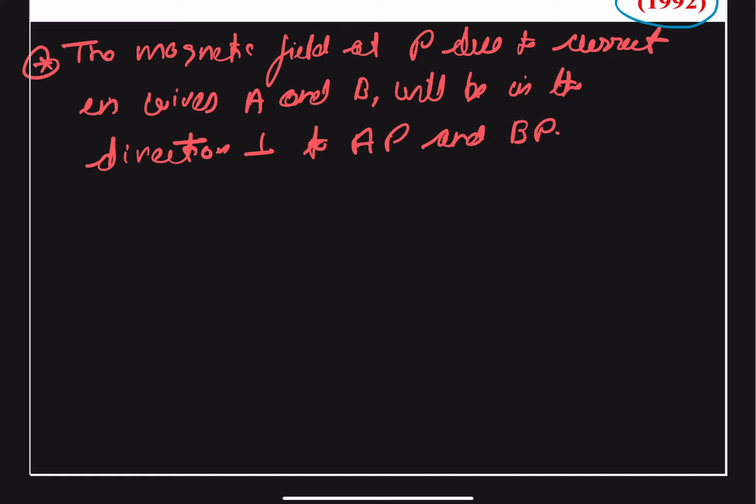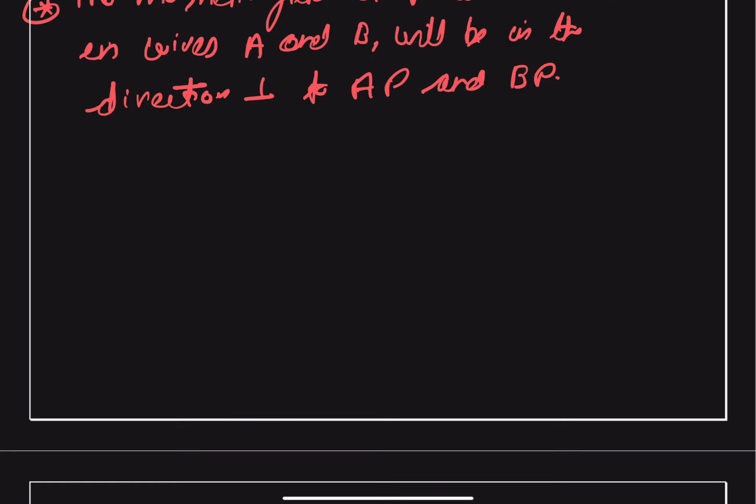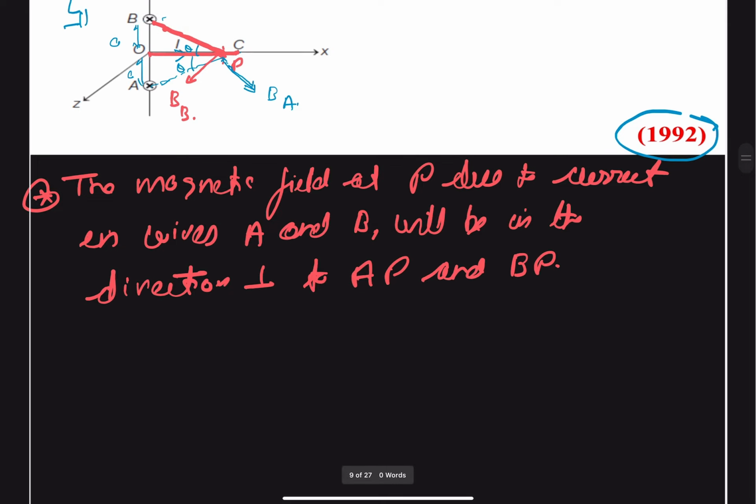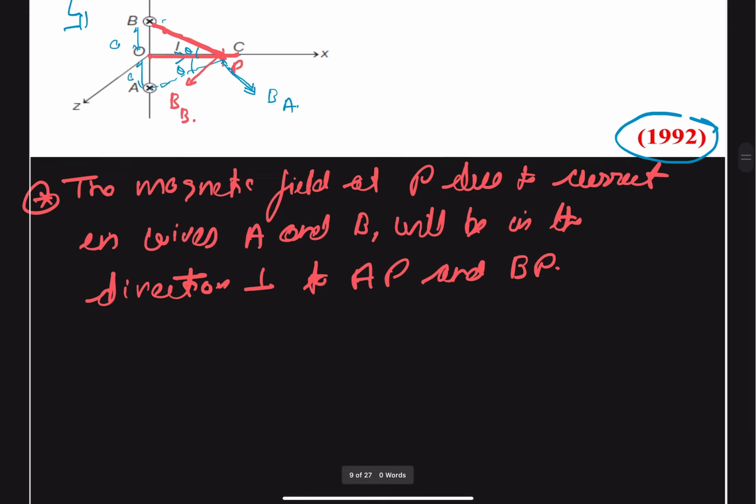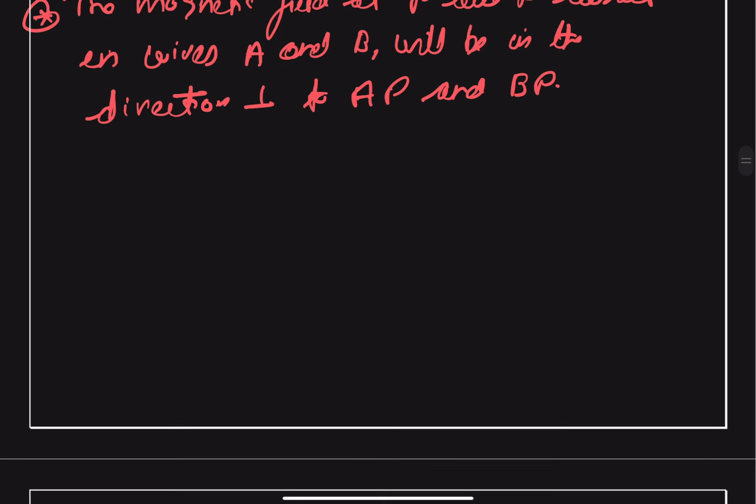And for this we can say that our BA will be equal to mu naught upon 2 pi, the current flowing through it, and the distance AP.